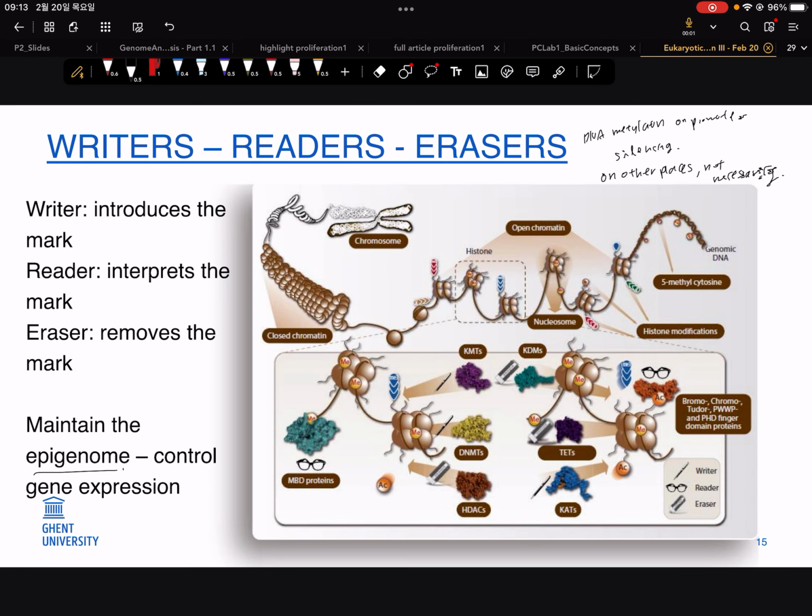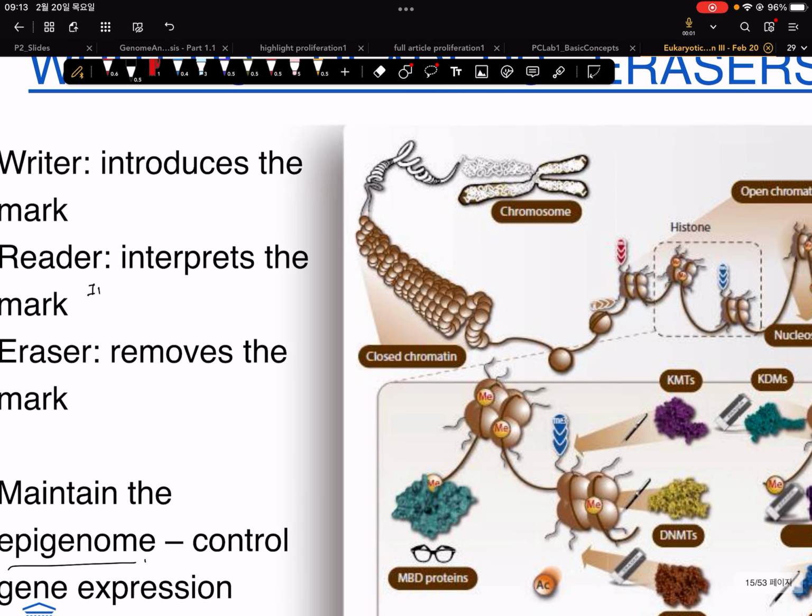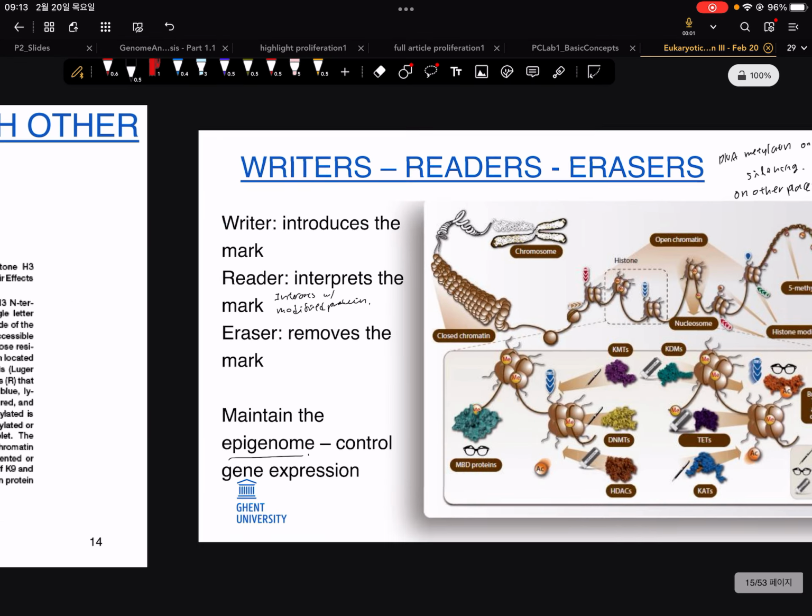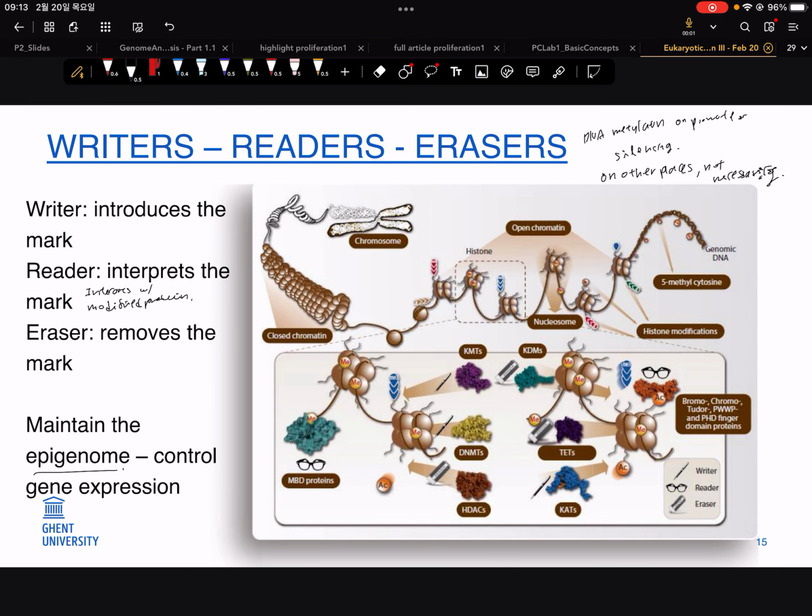And then you have readers. You have lots of proteins that interact with modified chromatin, like the bromodomain-containing proteins, the chromodomain-containing proteins, and so on. A few of them are shown here. If you come across them in literature, based on the domain they contain, we can predict with which mark they are interacting.